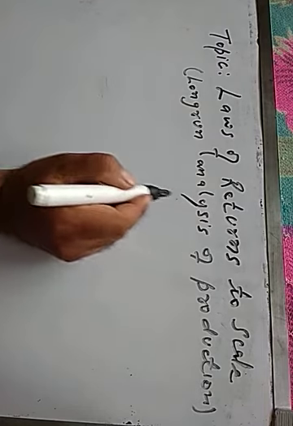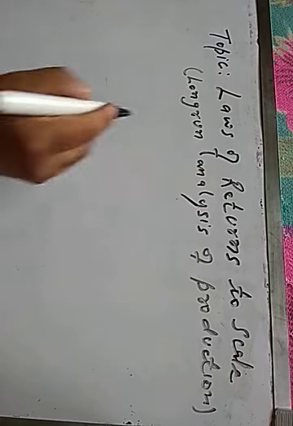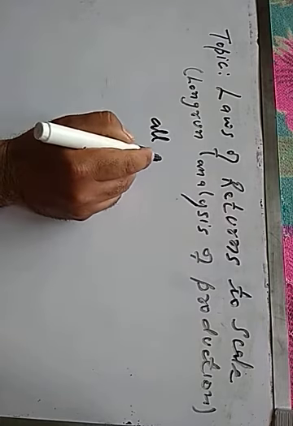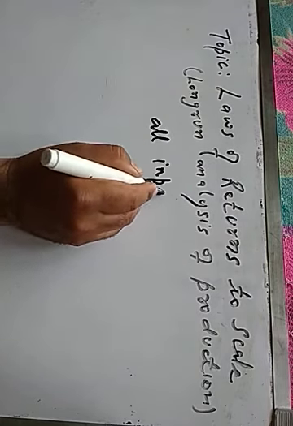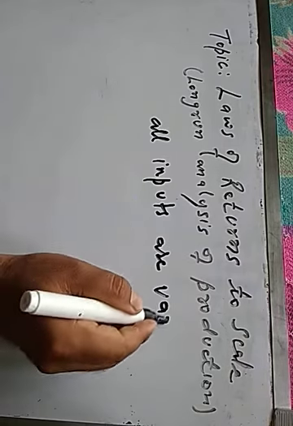Now today we will learn about the law of returns to scale, which is one more law of production. It is applied in the long-run production function, that is, the long-run analysis of production, in which all inputs or all factors of production are variable.